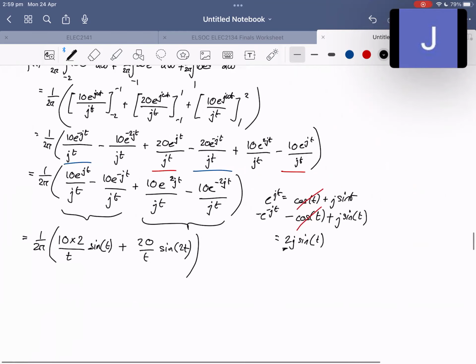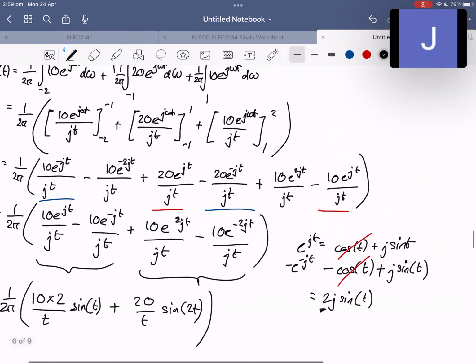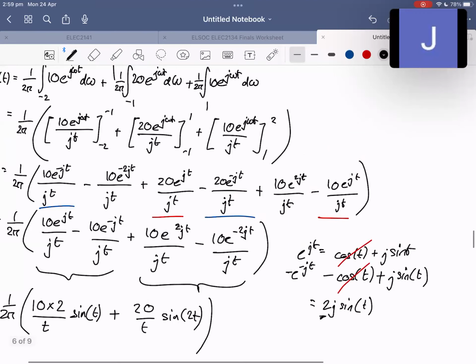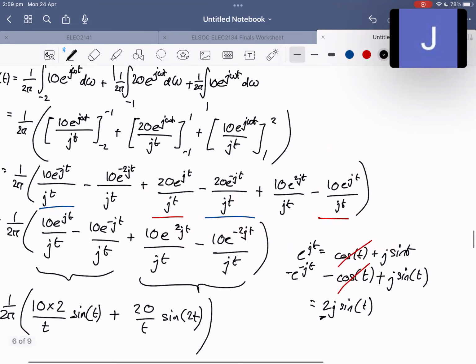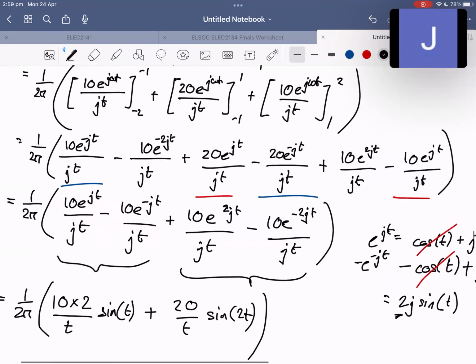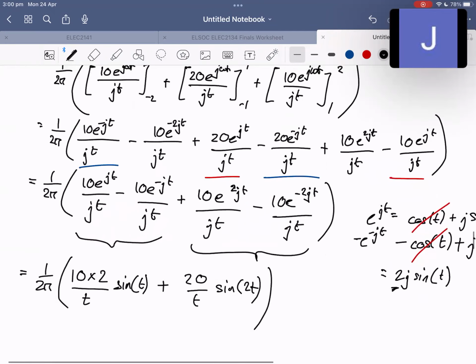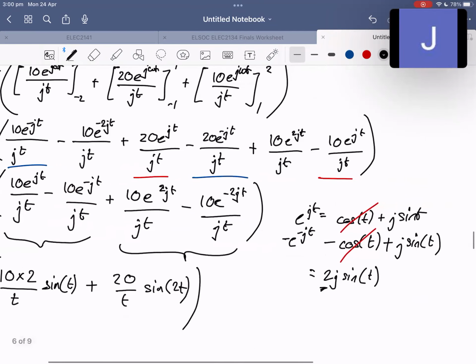Just checking the solution. I might have done something wrong. 20 jt. No, it should be times, because I'm subtracting them.